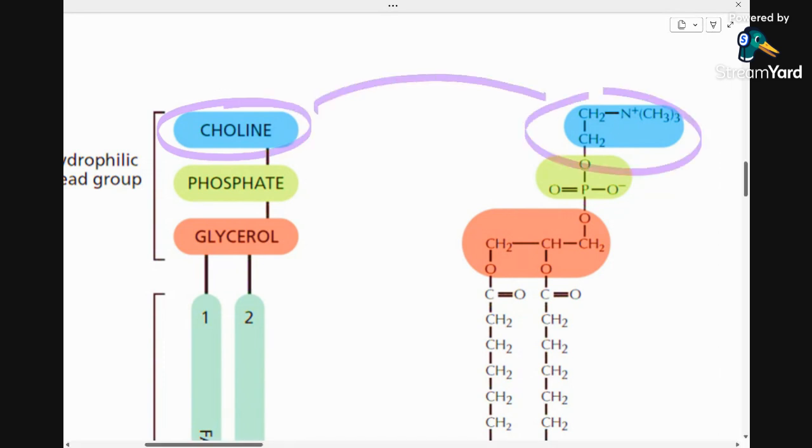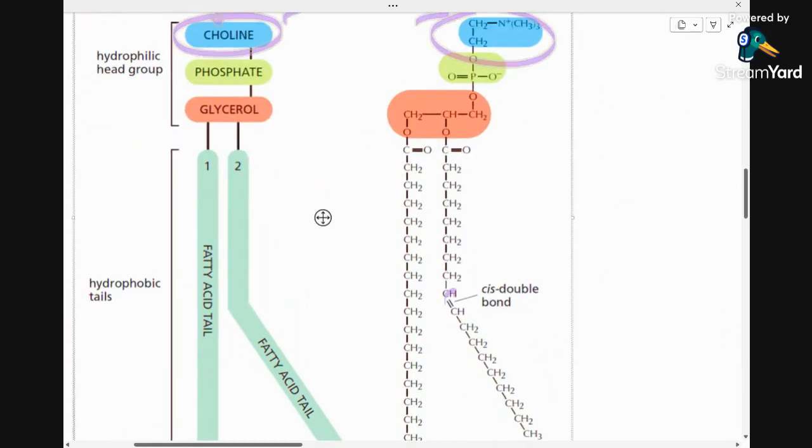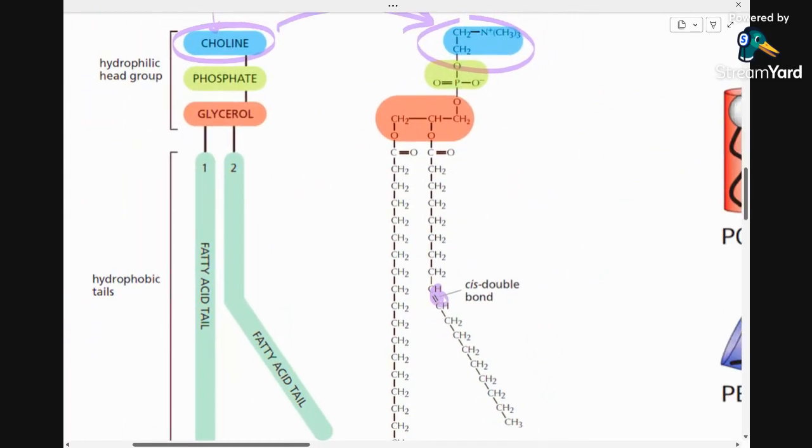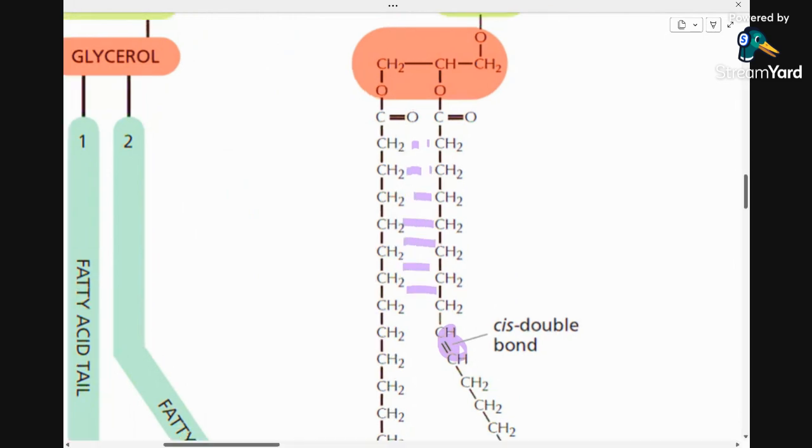It's the same thing, but just shown as the real chemical formula here. You don't really need to worry too much about it. But essentially, you can change this choline group for different things, and you can therefore change the flavor, if you like, of phospholipid that you can have in a membrane. Nice picture as well, because it shows the double bond causing a kink in the chain. That means that our van der Waals forces can exist here, but cannot exist any further.